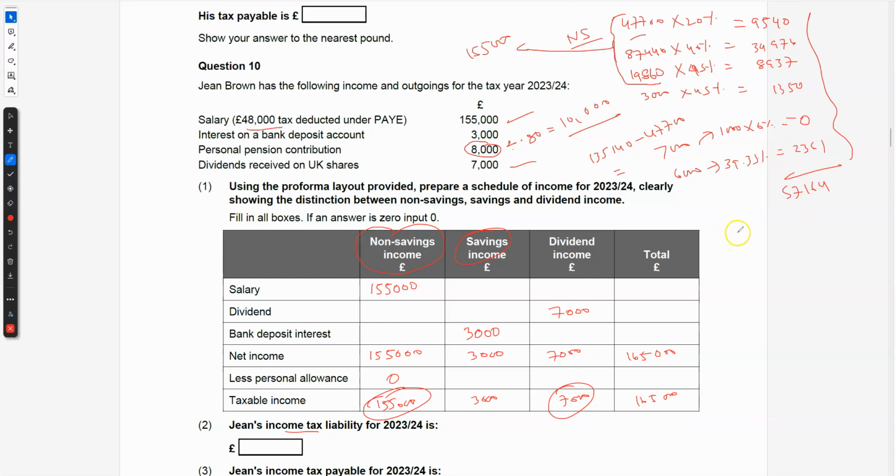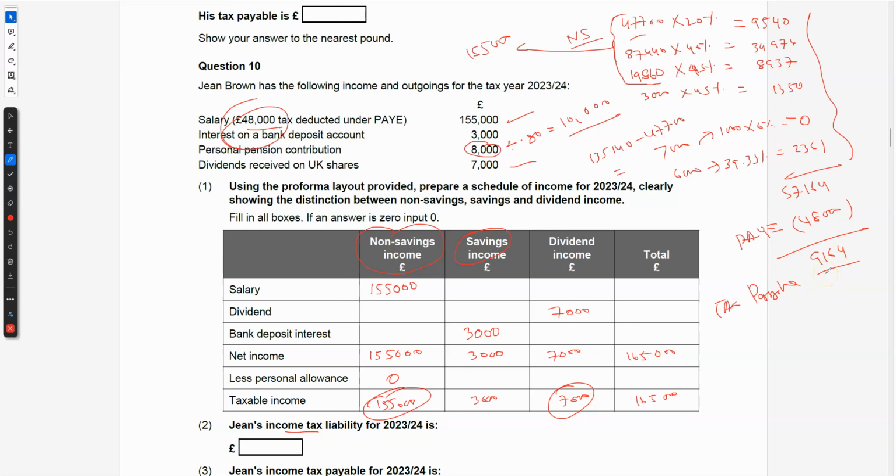And minus how much tax you already paid. So we already paid 48,000, and the tax payable is 9164.